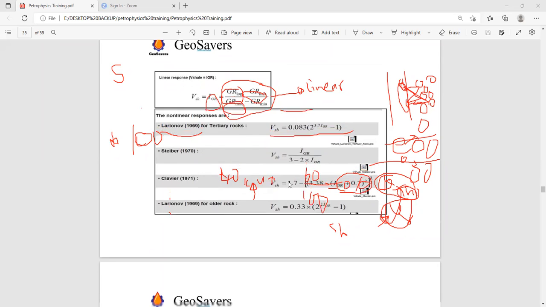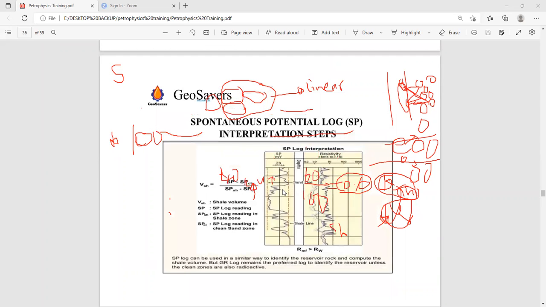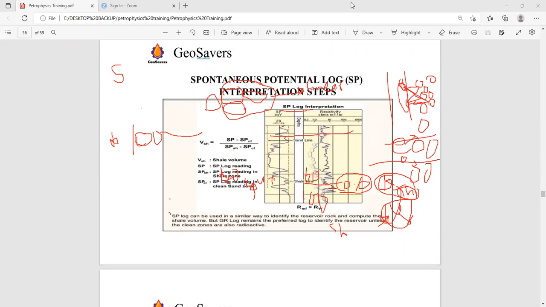All right, so if we move ahead, we go now to the spontaneous potential. It also measures a natural phenomenon. That means you don't need a source to measure this particular log.